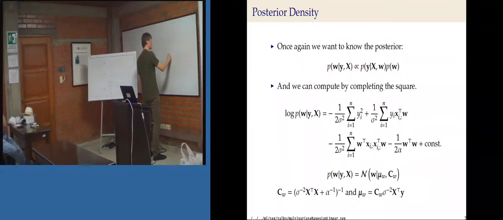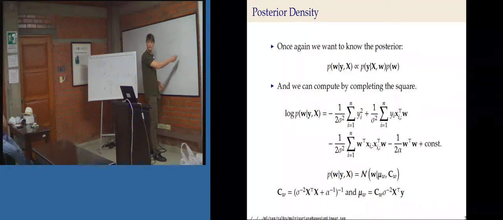Multiplying these together gives us exp of a squared plus b squared, the sum of two quadratics, where a and b are linear functions of w. So the sum of this is just now c squared, where c is also a linear function of w.